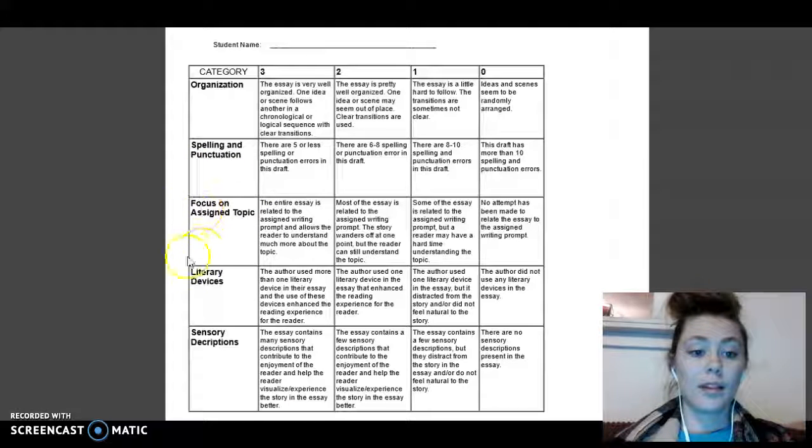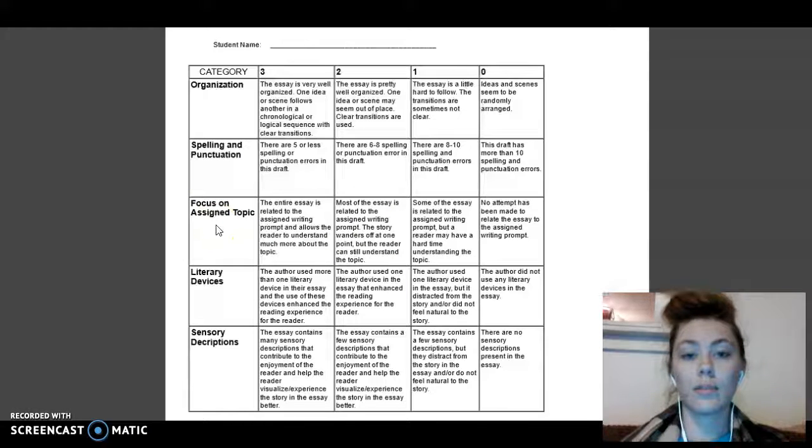Focus on assigned topic is the next category. This category is just basically whether your essay is focused on the writing prompt or if it's unrelated. So if your entire essay is related to the writing prompt and helps the reader understand what you're trying to say, that's 3 points. If most of the essay is related to the prompt, but maybe it wanders off at one point, that's 2 points.